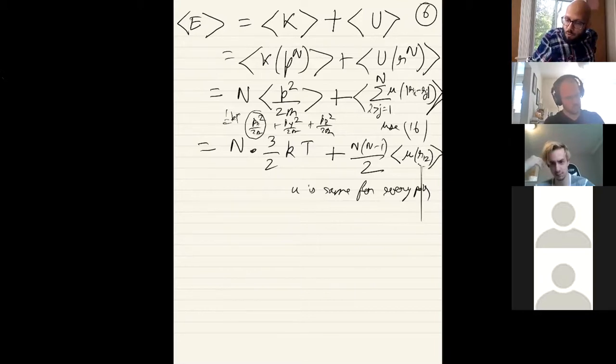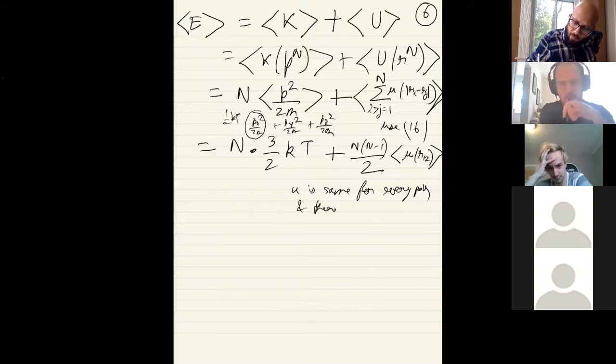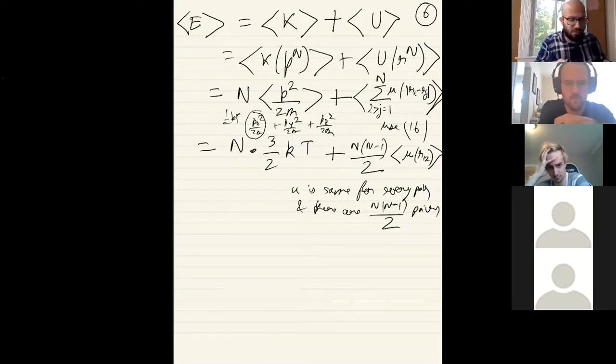Instead of R12, you could have written R8,9 or R14,15, it doesn't matter. What matters is that any pair gives the same average energy, and there are n multiplied by n minus 1 divided by 2 pairs. The 2 accounts for the overcounting.